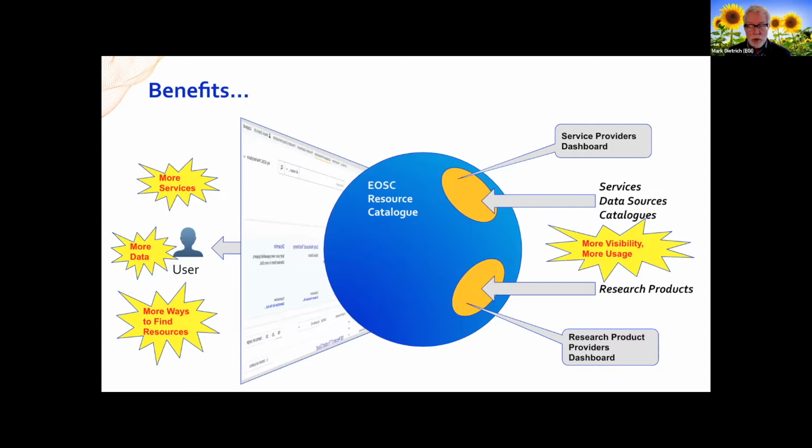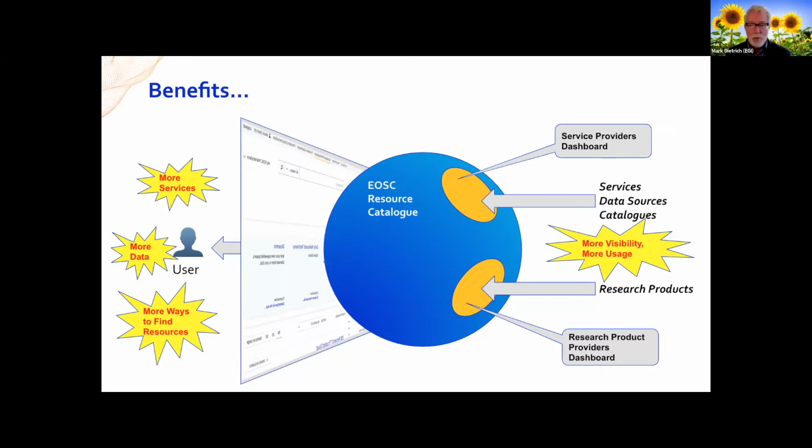For the user, once this has happened, there are three main benefits. The first is there's more services there. There's more to find, and there's more eventually to put together into your own research enterprise, your own research workflows. So this is contributing to your ability to perform and be productive as a researcher. It gives you access to more data.